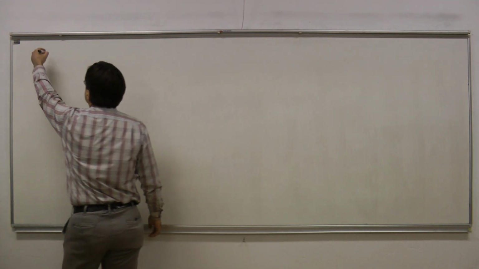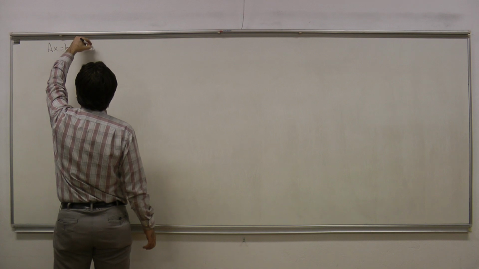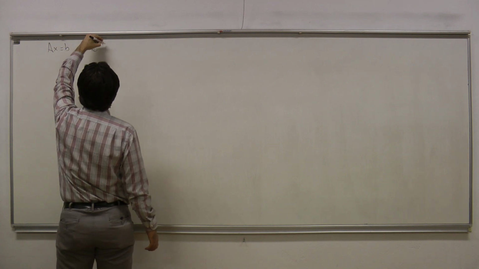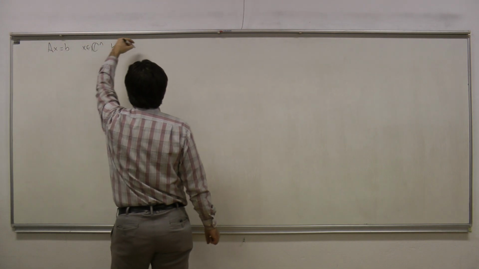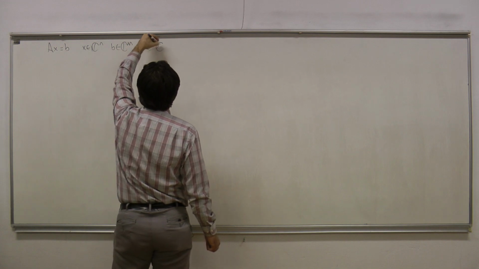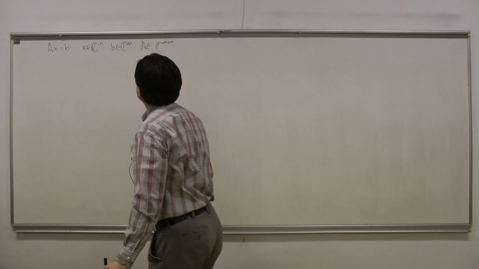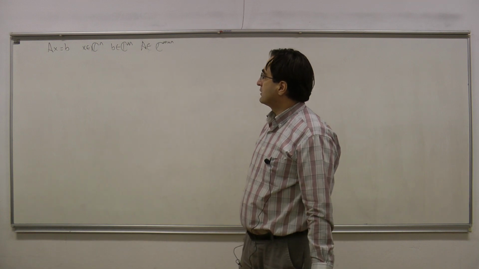So remember, if I start with Ax equals b, suppose that x is in Cn and b is in Cm, and suppose that A is in C^(n by n). Okay, so A is an n by n matrix, and we would like to find x; A and b are given.